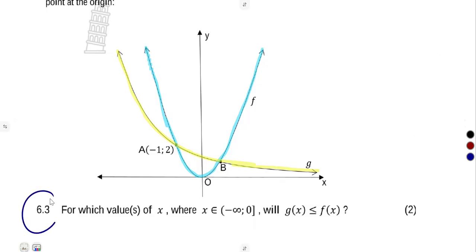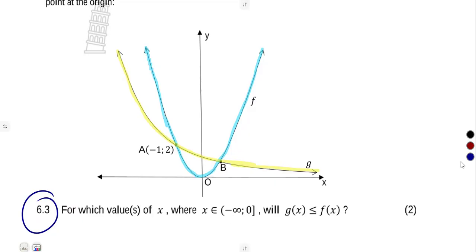All right, so after we're given a lot of questions to answer, I'm just going to focus on question 6.3. It was actually from the March 2023 exam of the Gauteng province. On this question, they want us to determine the value or values of x, where x is to be taken from minus infinity up to 0.